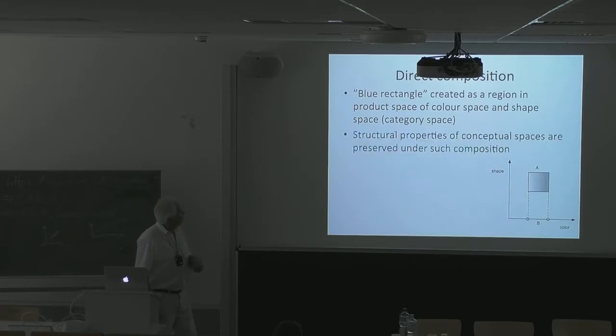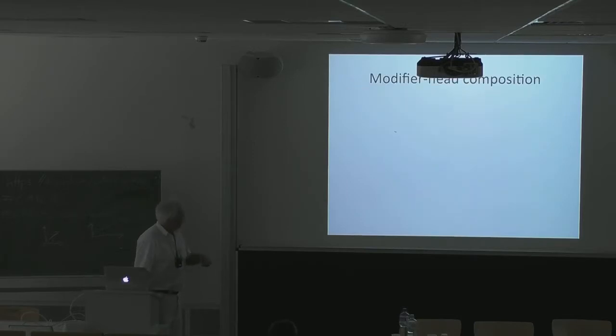I'm sorry, the structural properties of conceptual spaces are preserved, so convexity is preserved when you have a product here, and some other properties of the spaces are preserved here. I don't want to go into that; that case is kind of uninteresting.